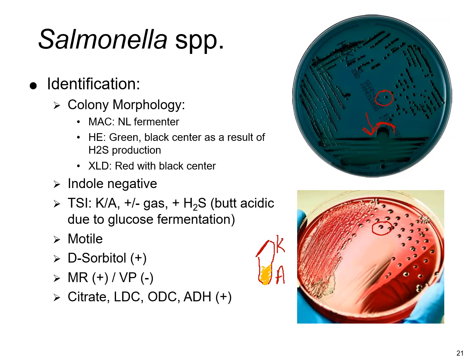It can be with or without gas, and it would also have H2S production, so what you would actually see is the blackening of the agar. It may appear something like this due to that H2S production, and sometimes, depending on the organism, it can go all the way through. It is motile, sorbitol positive, MR positive, and it will produce a positive reaction for all three of these decarboxylase tests, and it is also citrate positive.